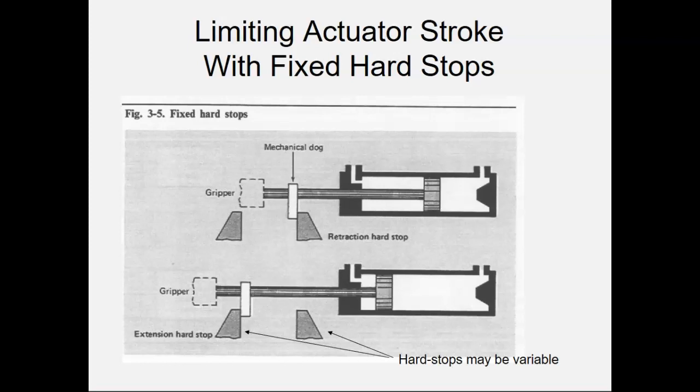Yes, that's what they're calling the collar right there, the white line. So, how to say this? With a lot of these cylinders, if you're going to put hard stops, you can't grab the cylinder itself, okay?